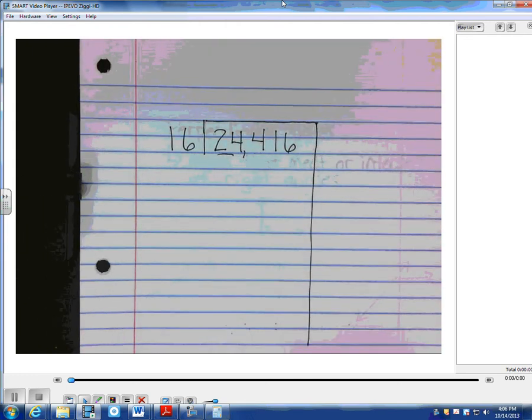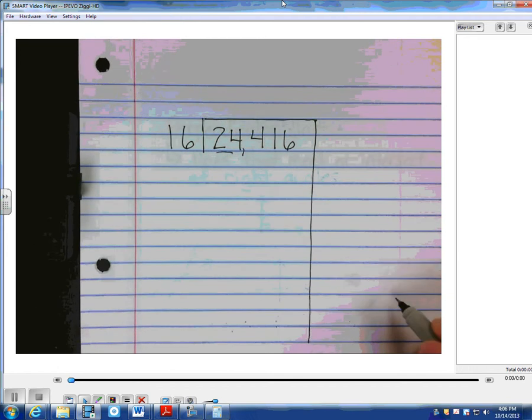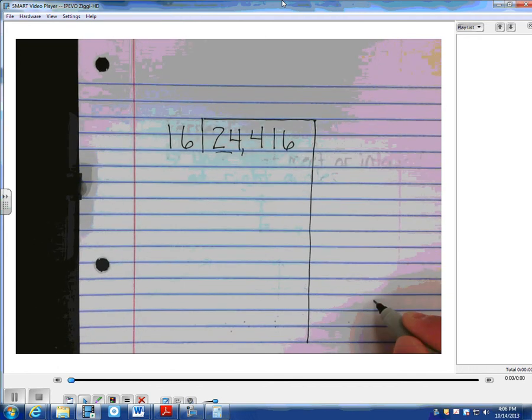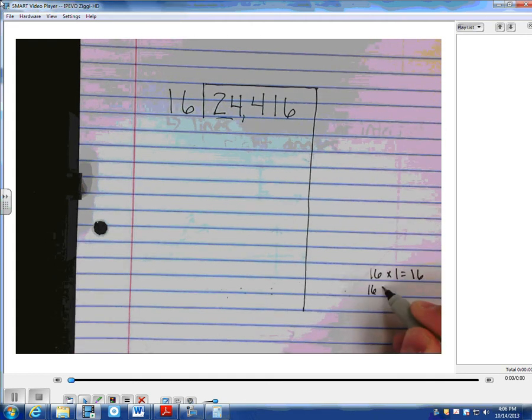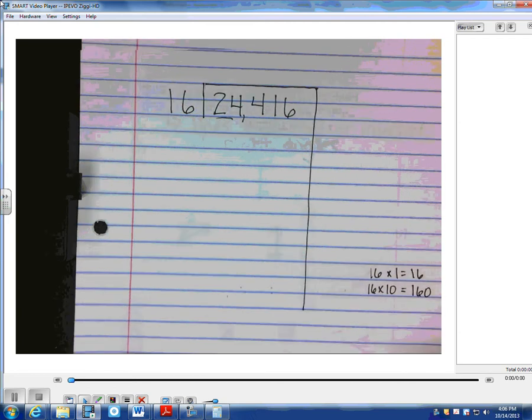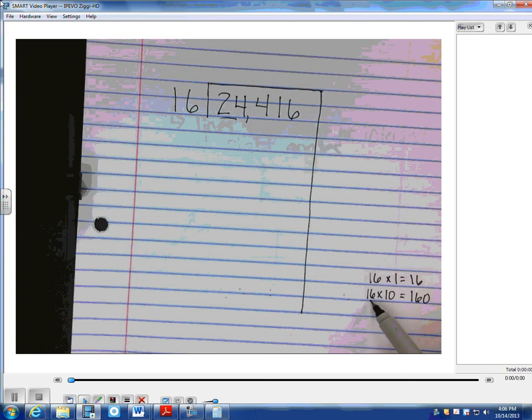I know that 16 can go into 24, 1 time. So I'm going to say 16 times 1 equals 16. Now, using my powers of 10, I'm going to continue on. So 16 times 10 is 160. I just did 16 times 1, and then I added my 0.